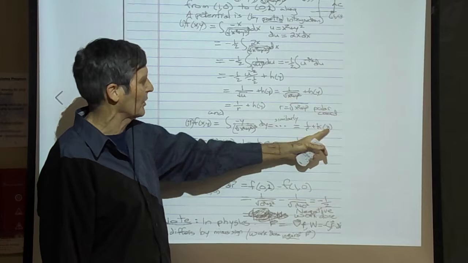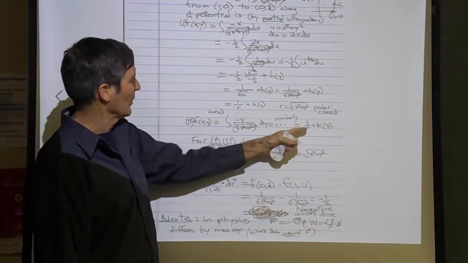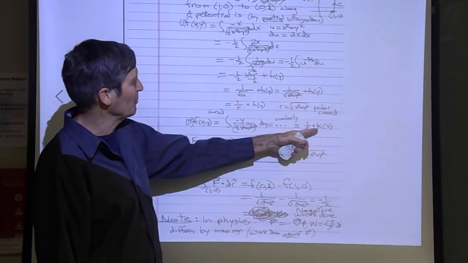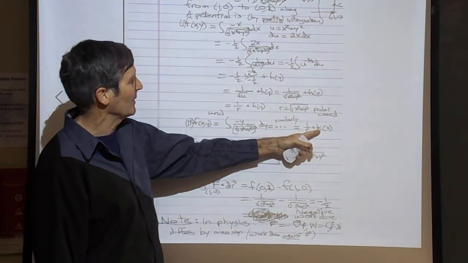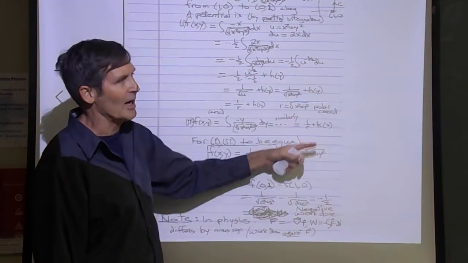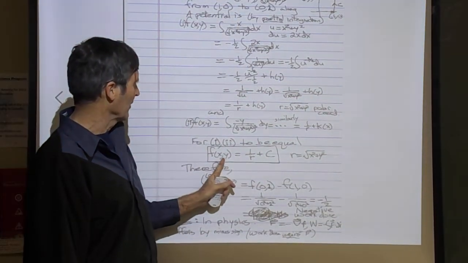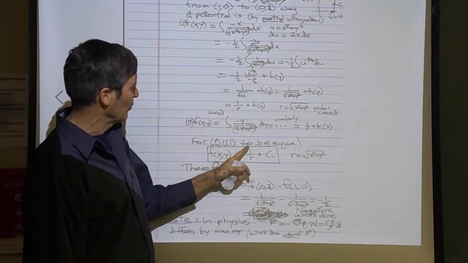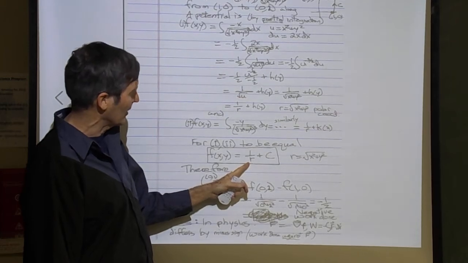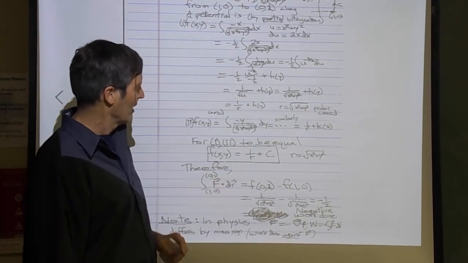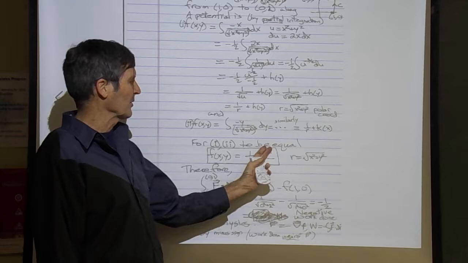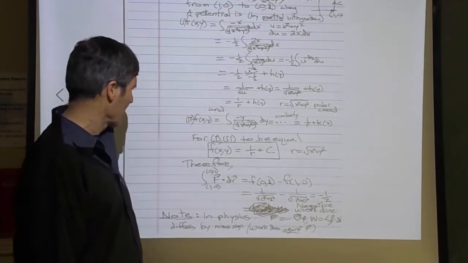You get 1 over r plus an arbitrary function of x. For these two to be equal, it must be that h of y and k of x are equal. Consequently, they're just a constant, right? This one depends only on x, this one depends only on y. So we observe that the most general potential is 1 over square root x squared plus y squared plus c. So let's choose c equals 0. That's a potential for this.